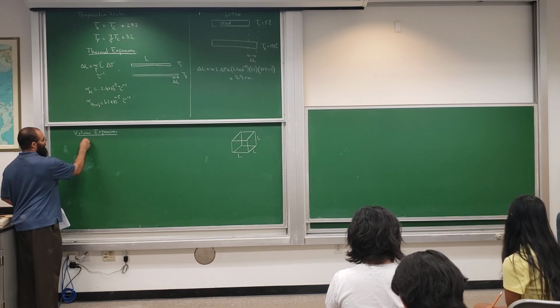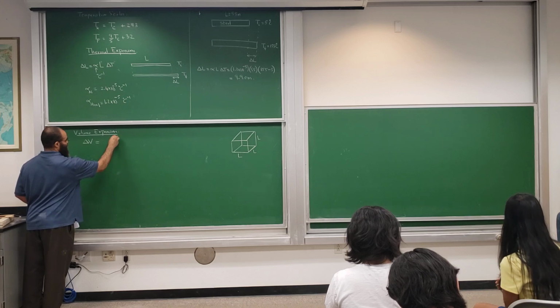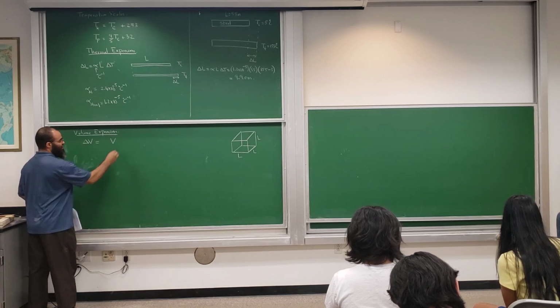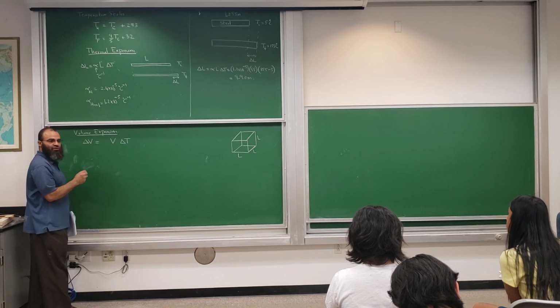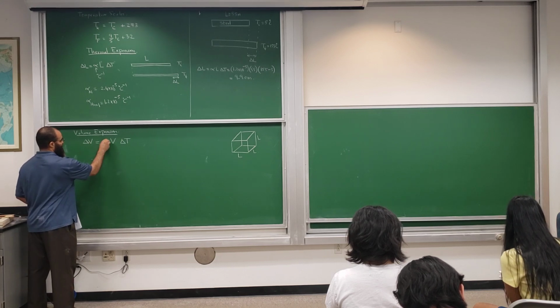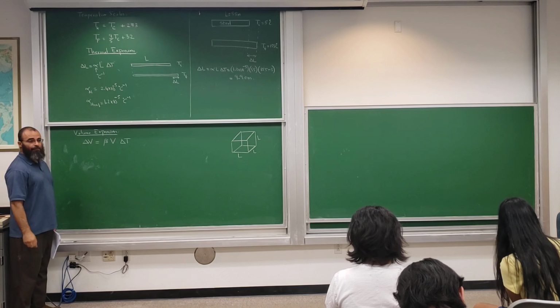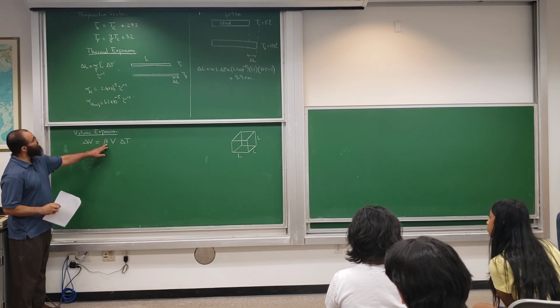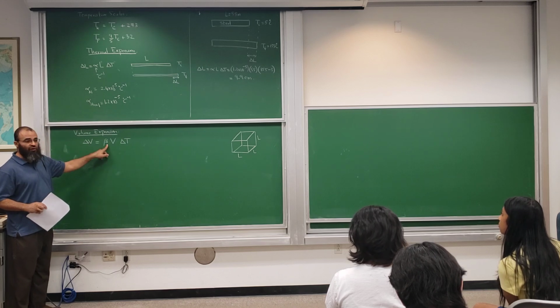So you have delta V, the change in volume, is equal to the original volume times the change in temperature times the coefficient of volume expansion, or volume thermal expansion. That's beta. This one is the volume expansion, that one is linear expansion, right? Alpha was linear, and this one is the volume.